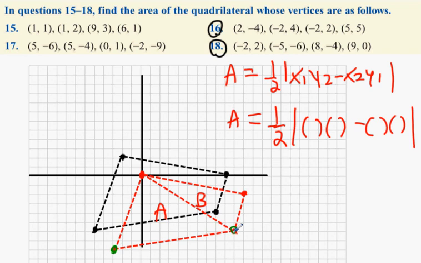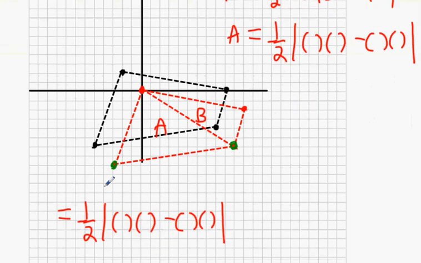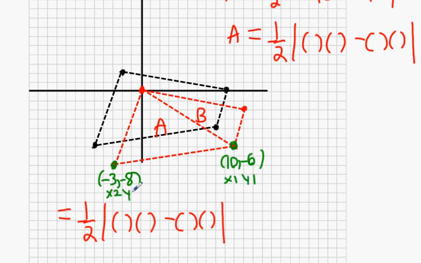What points are the two green ones I'm highlighting here? Minus 8. Yeah. And then the other green one? 10, minus 6. Good man. Now we just do x1 y1, x2 y2. It doesn't matter if you have it the other way around. Would you like me to reverse it, just for your question? So I could have done it that way, but instead I will do it this way, just for Lee, my biggest fan.